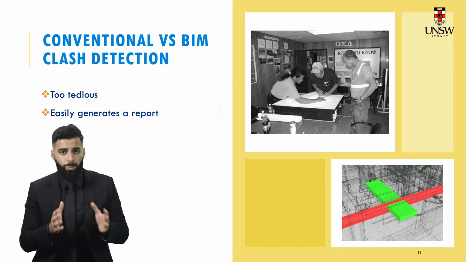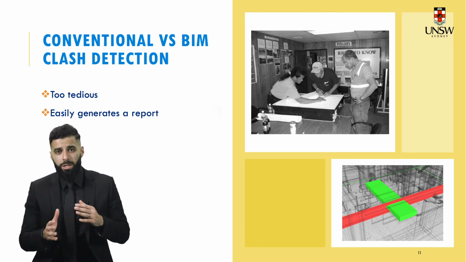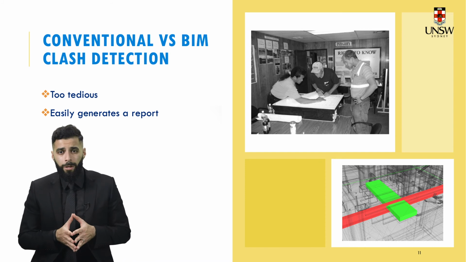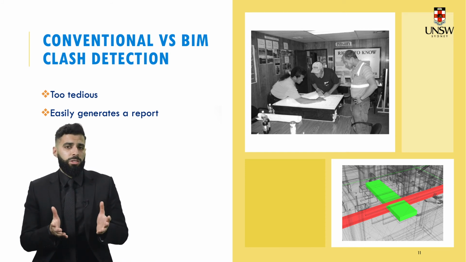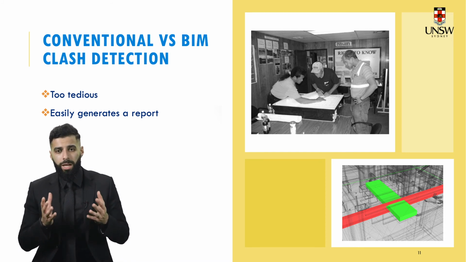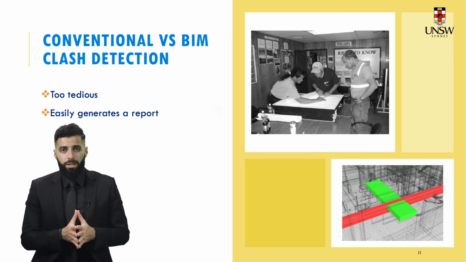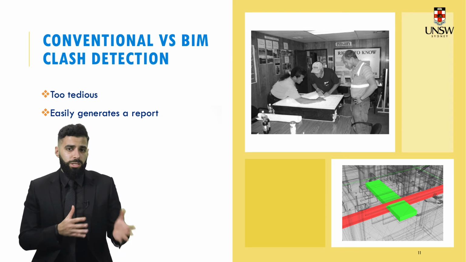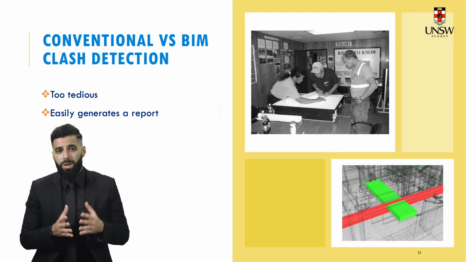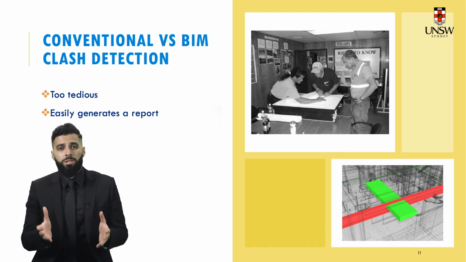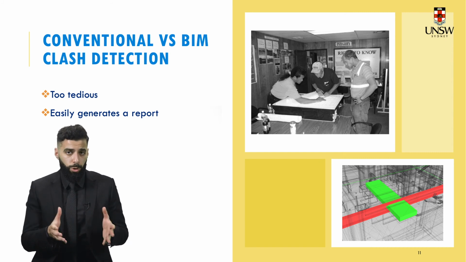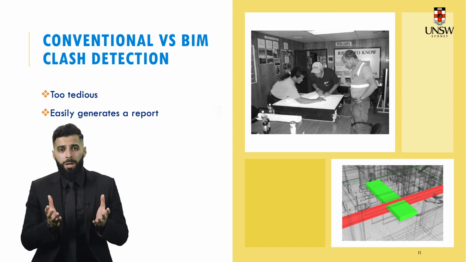You have to have separate plan drawings for each of the disciplines involved. Because of all this information and all the drawings that you need to analyze at the same time, you can have issues of misunderstanding and oversight, and that can mean that clashes are only detected on site during construction, which is too late because it'll be super expensive to resolve the clash.